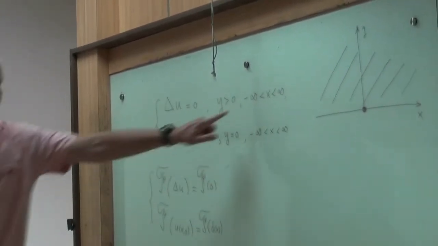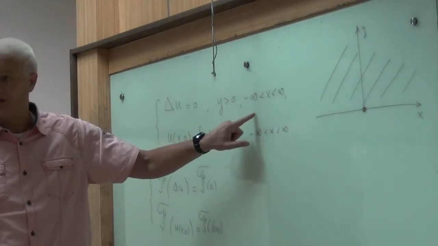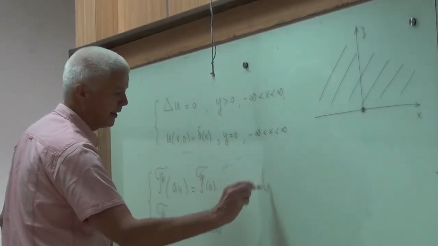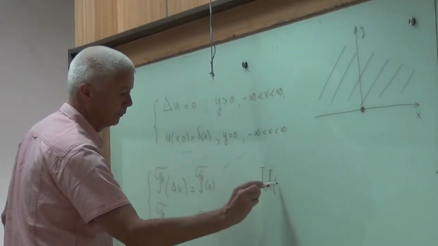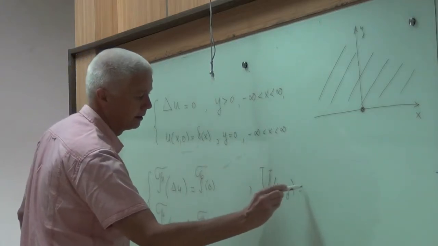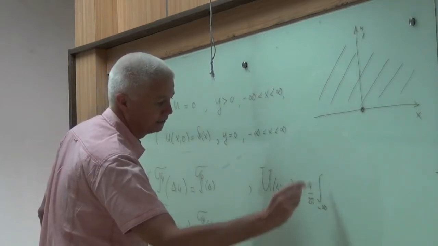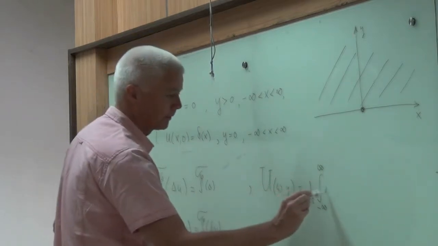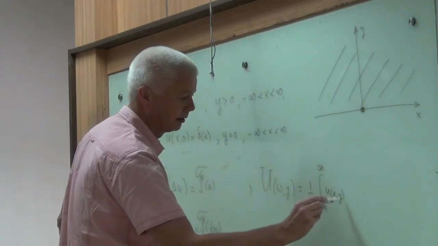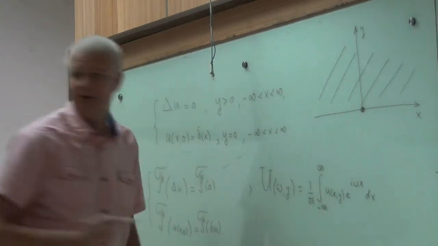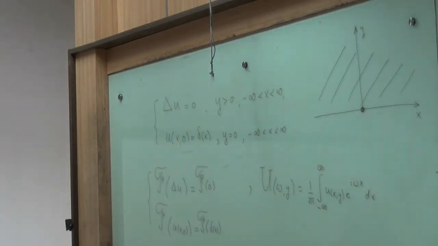The only variable that is running from minus infinity to plus infinity is x. So we define big U of omega and y to be 1 over 2 pi times the integral from minus infinity to plus infinity of u(x,y) e to the power i omega x dx. That's the definition we use.